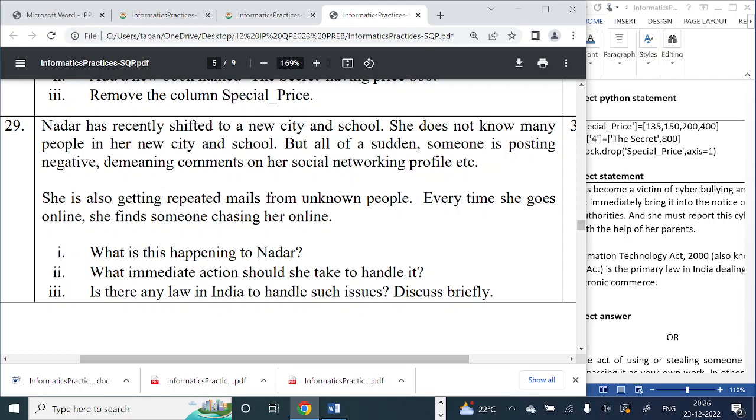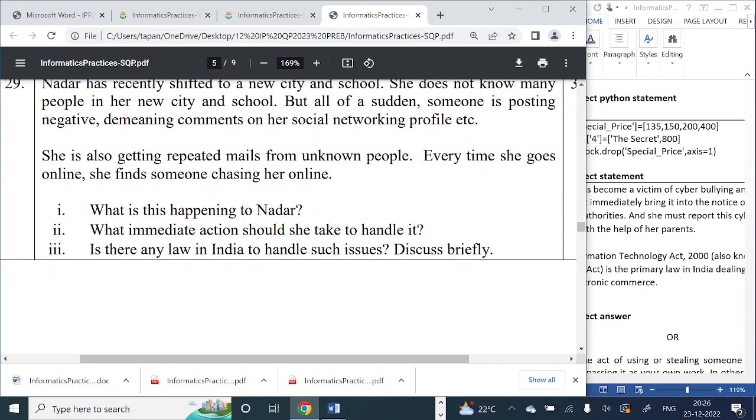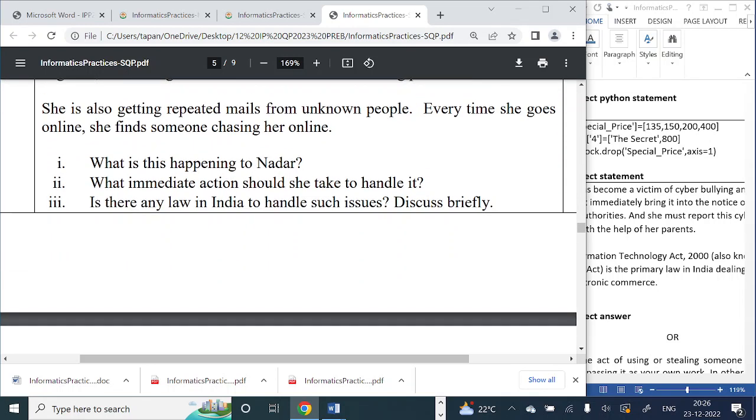Every time she goes online, she finds someone chasing her online. What is happening to her? So somebody is trolling. This is actually bullying, or it is a cyber crime. You can go to the police station and complain there. So she is a victim of cyber bullying.